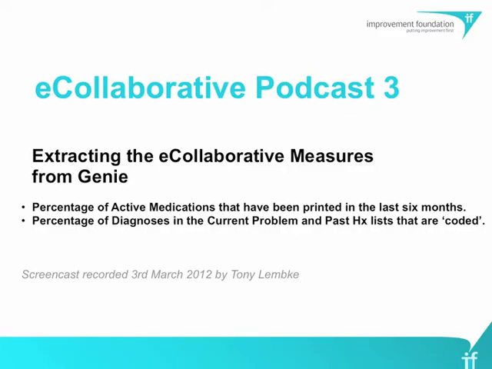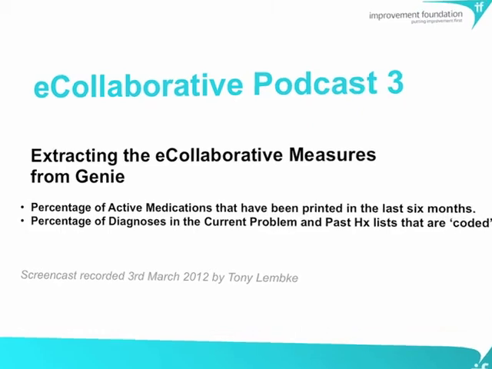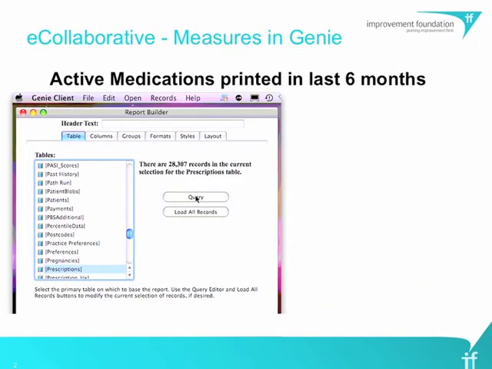Having had a look at the Genie Quick Reports tool, I thought we'd have a look at how we could use those numbers that we've extracted to add to the IF portal. We started off by looking at the medications, and we found out that there were 28,307 active medications for patients who were active.